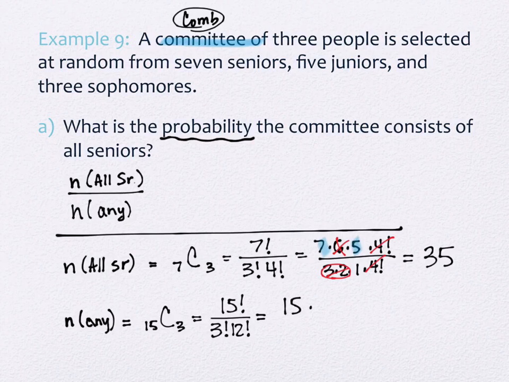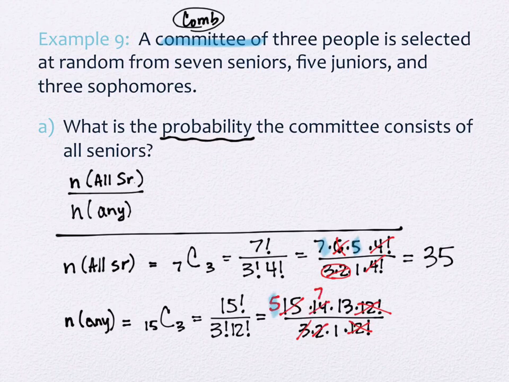So I have 15, 14, 13, and 12 factorial over my 12 factorial. And I'm still selecting 3, so it's 3, 2, 1. My 12 factorials cancel. What else? 3 and 15 will give me a 5. 2 and 14 will give me a 7.